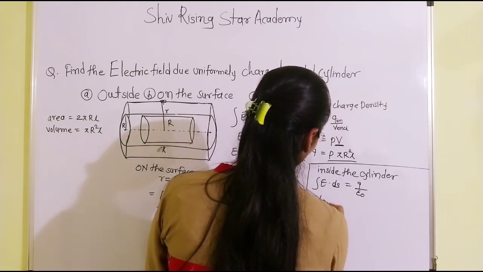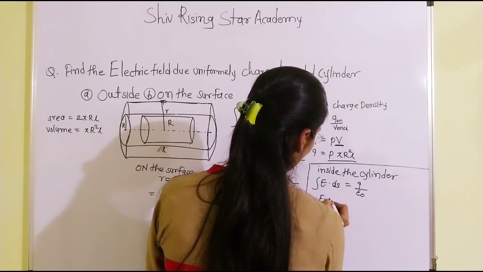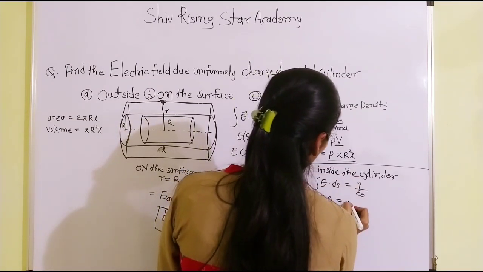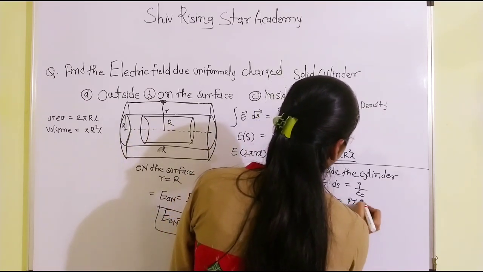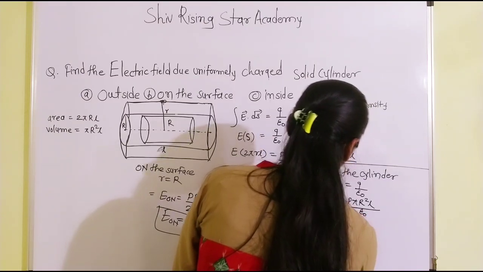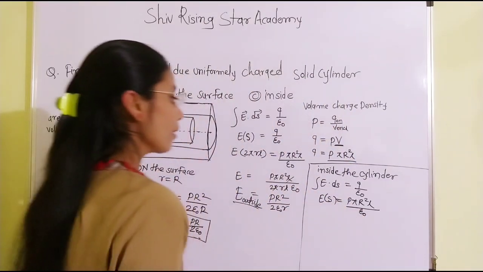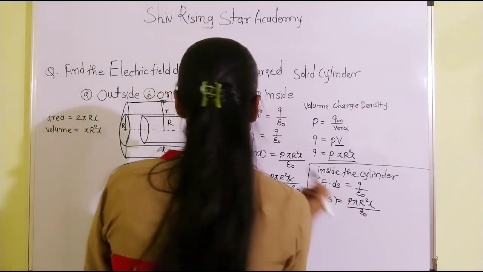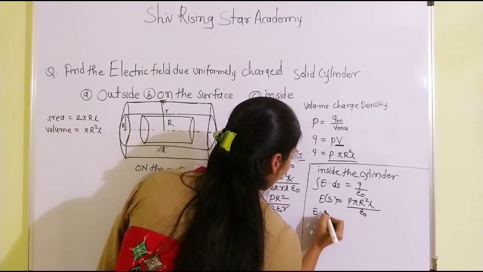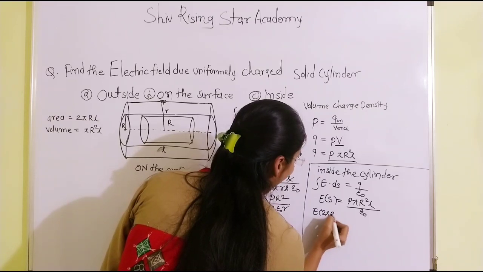E is constant, and the integration of ds is S. We know the value of Q is rho pi r square L by epsilon naught, and the area of the Gaussian surface is 2 pi r L.